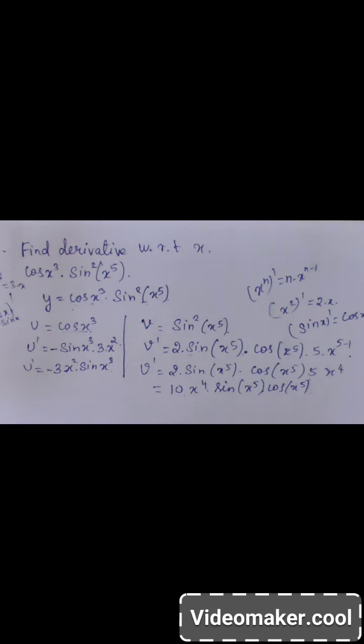The product of 2 and 5 is 10, so it is 10 x to the power 4 sine of x power 5 cos of x power 5. Now we got the derivative of both the functions.